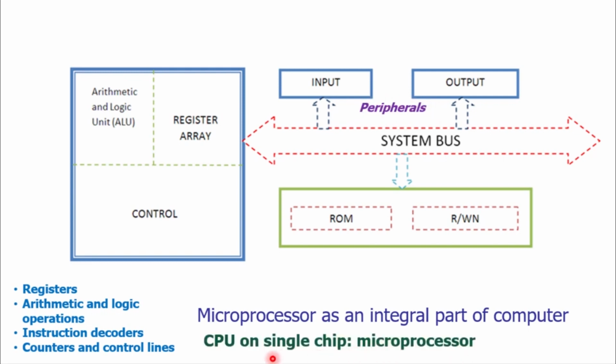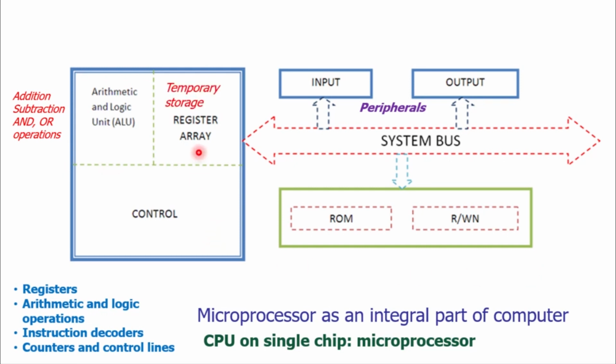When we have the central processing unit on a single chip, that is called the microprocessor. As I mentioned, the arithmetic and logic unit carries out operations such as addition and subtraction. These are the algebraic arithmetic operations, and the logic operations are the AND, OR operations.